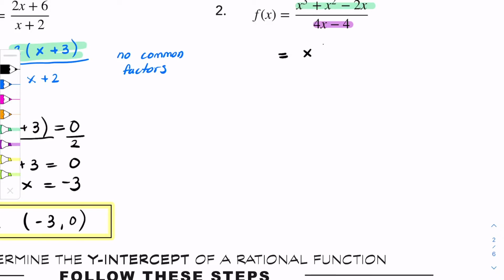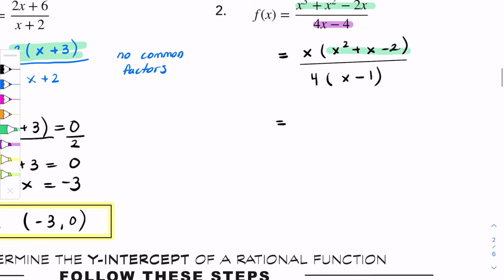From the numerator, we can take out an x, leaving x squared plus x minus 2, divided by the denominator, from which we can factor out a 4, leaving x minus 1. The numerator can be factored again. We can factor x squared plus x minus 2 to get x times x plus 2 times x minus 1, all divided by 4 times x minus 1.